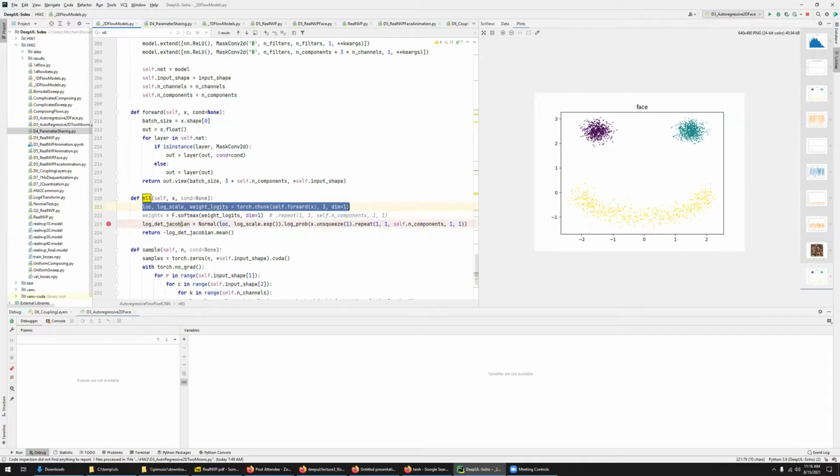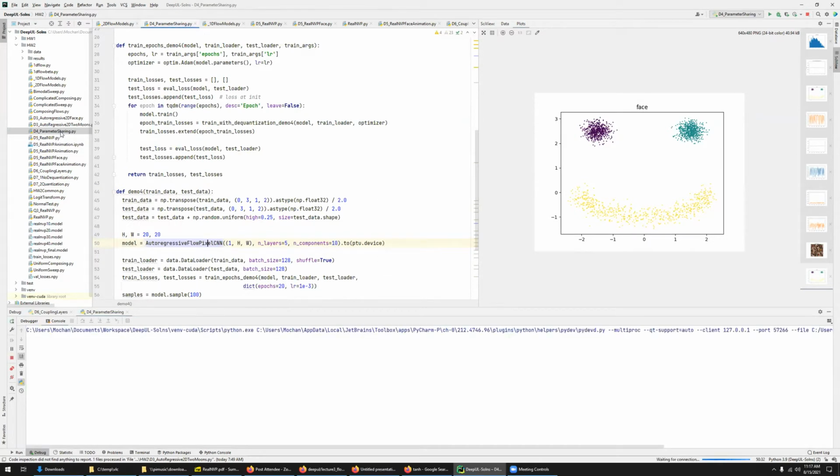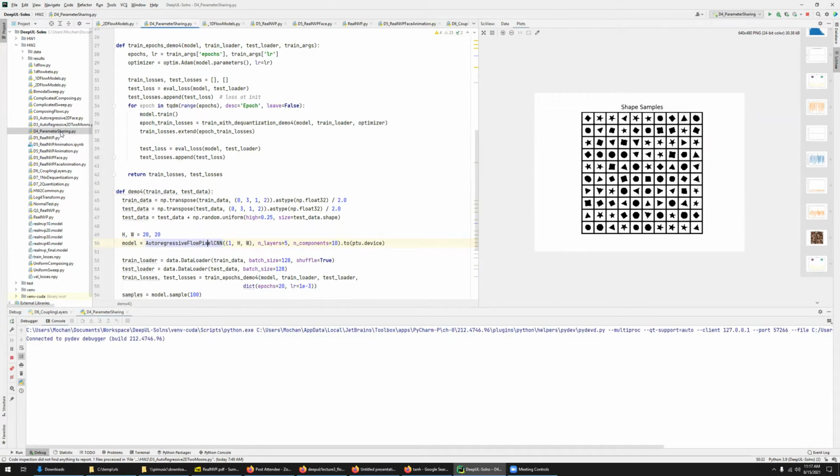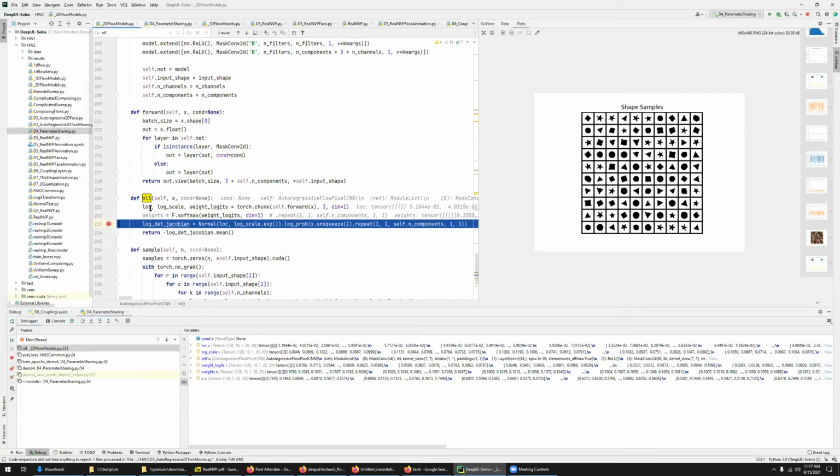So let's see if I can get demo 4 running. Of course, it went out. Okay, so for each pixel, so 10 by 20 by 20, and 10 is the number of components, the number of Gaussians, right?